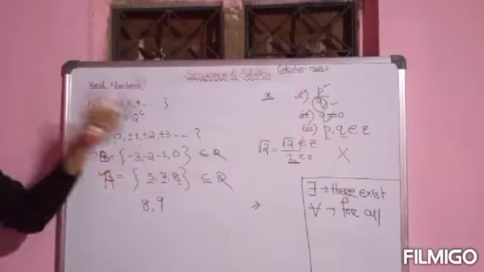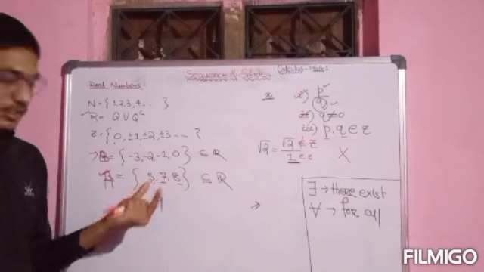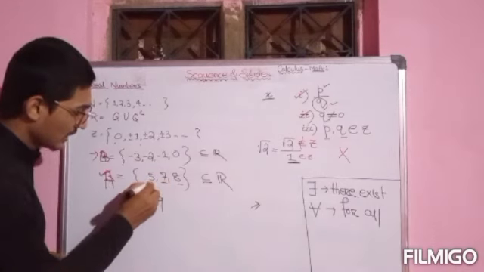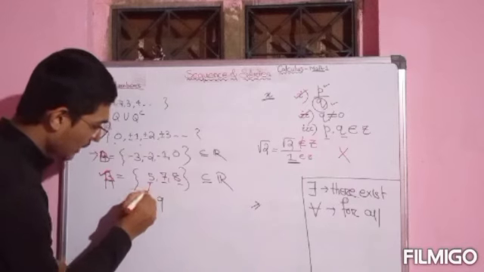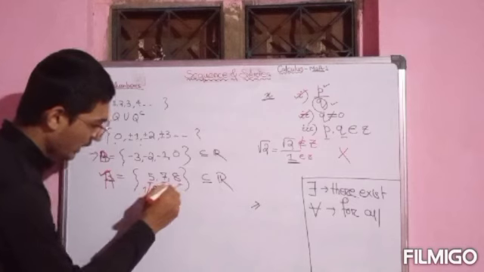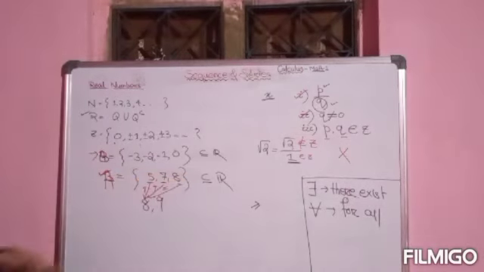It does not mean always greater than or equal to. It may be greater than or it may be equal. For suppose 8, it is greater than 5, it is greater than 7, but it is equal to 8. But if I say 9, it is greater than all of the 3.